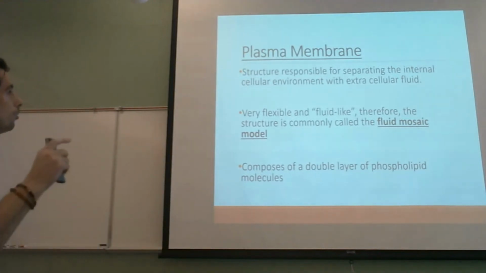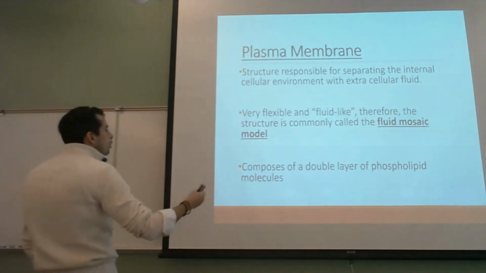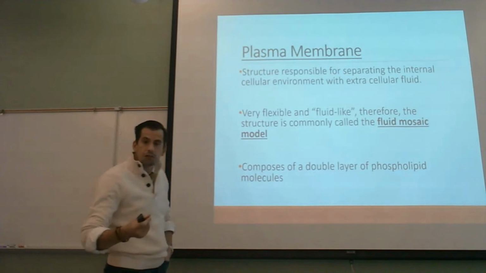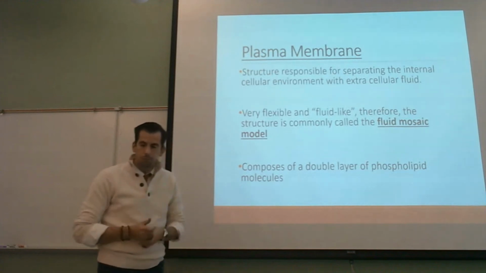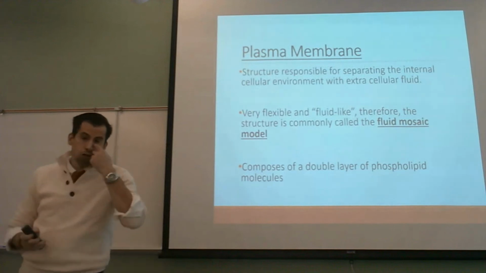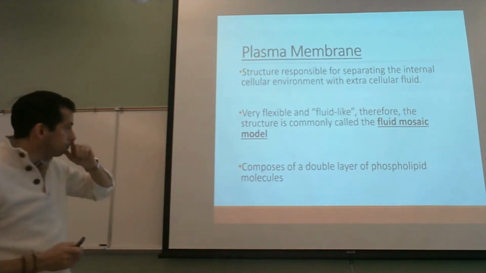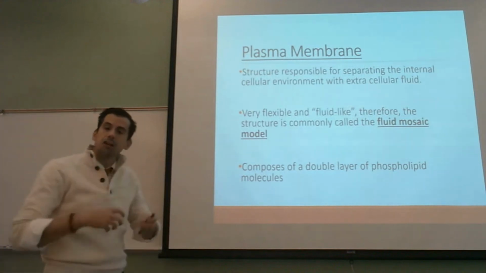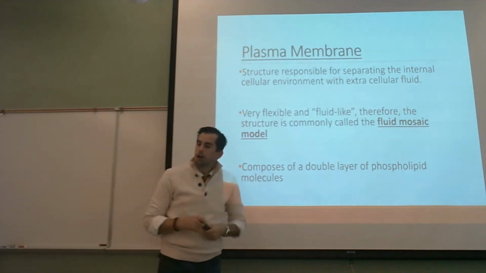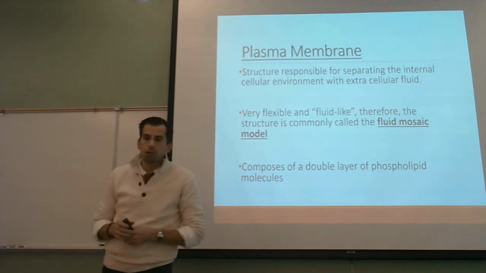We refer to this structure as a fluid mosaic model. Fluid in the sense that it's got a lot of bendability. You will see that a lot of the structures that make up the membrane are not actually physically attached. They're held together by relative attractive forces.